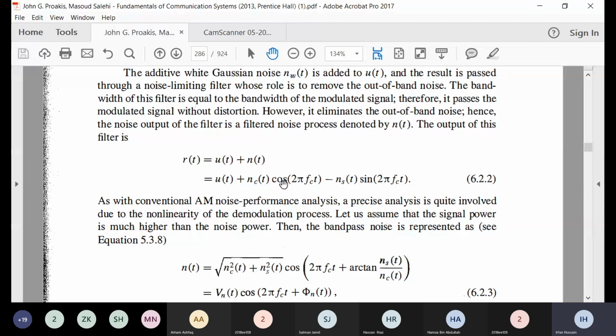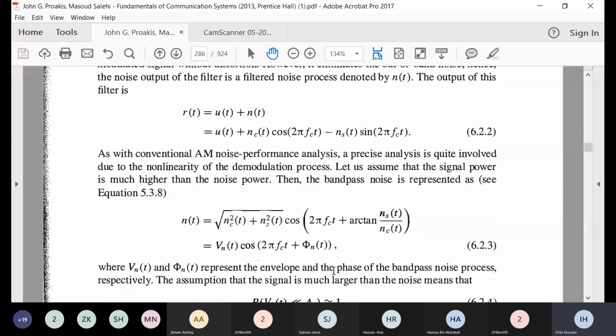but we can also represent it like this, in terms of its envelope and in terms of its phase. This was also studied in chapter 2 as well as revised in chapter 5 with respect to noise. So yes, n(t) can be represented as follows, but it can also be represented as follows. Both are correct representations.